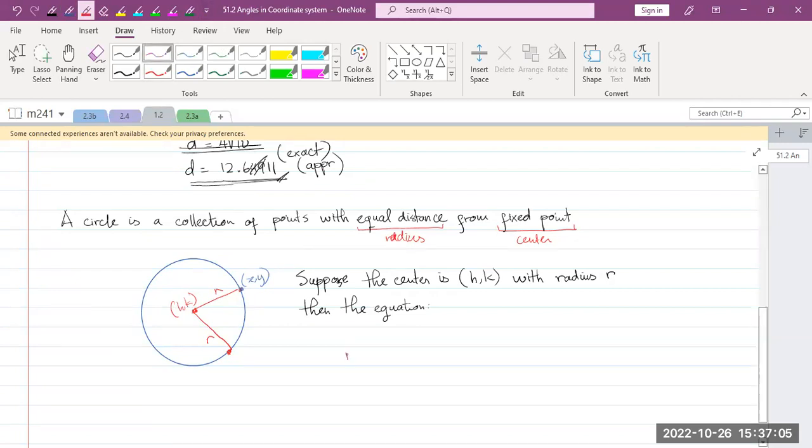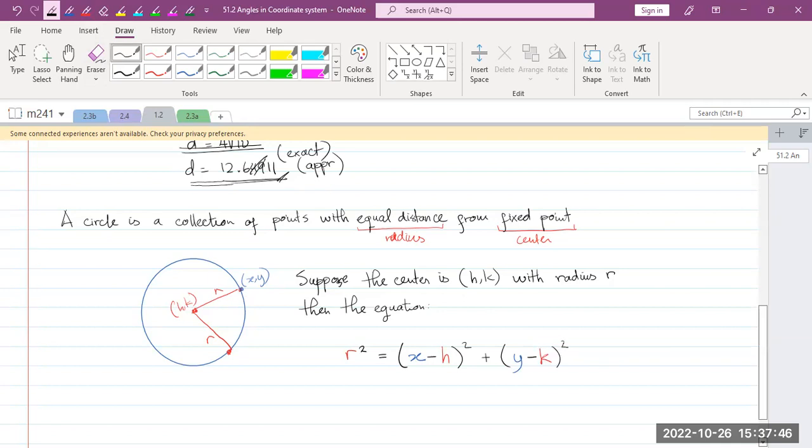So r squared is equal to x minus h squared, like x2 minus x1, plus y minus k squared.